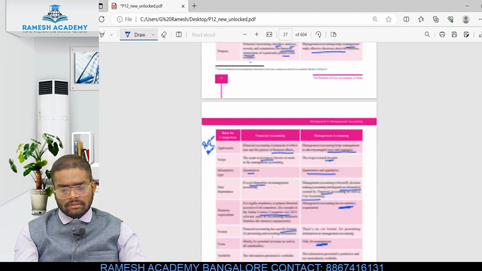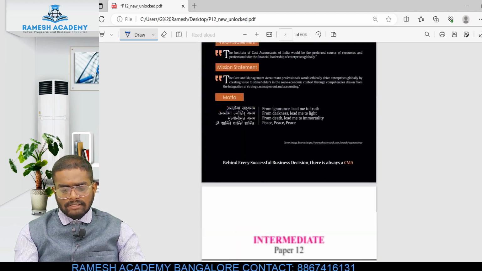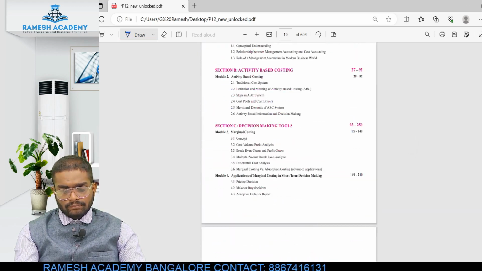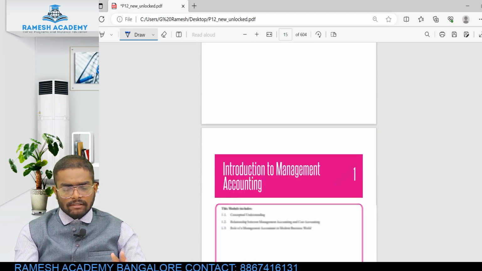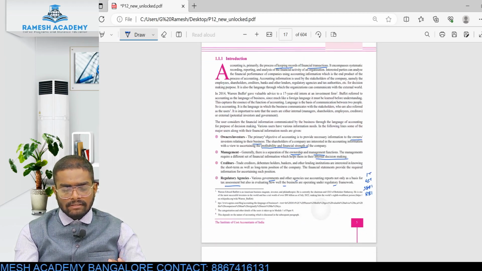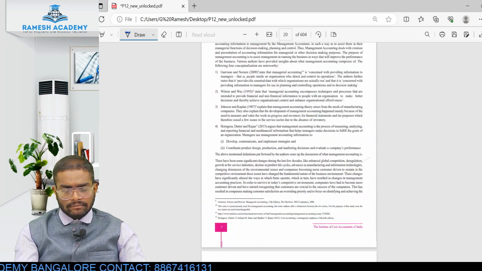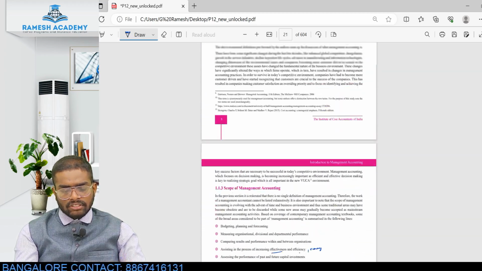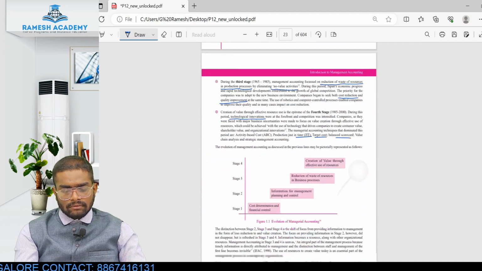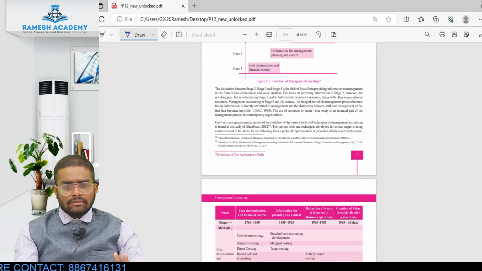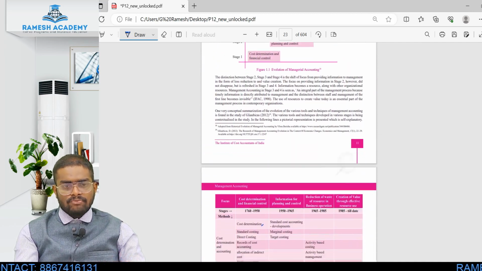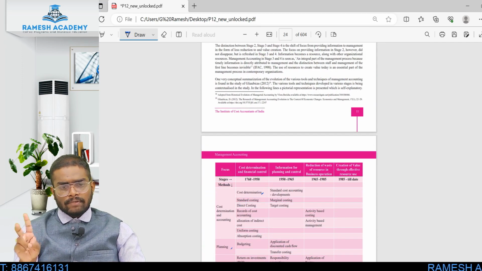If I want to tell the important points in this chapter, they would be the scope of management accounting and the uses of management accounting. Evolution can be taken as B category, but scope will be A category.